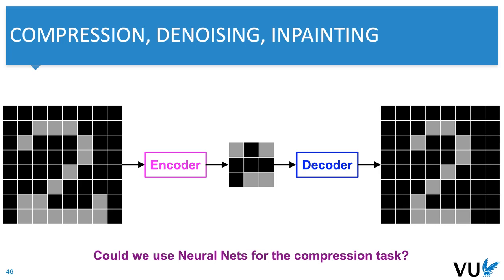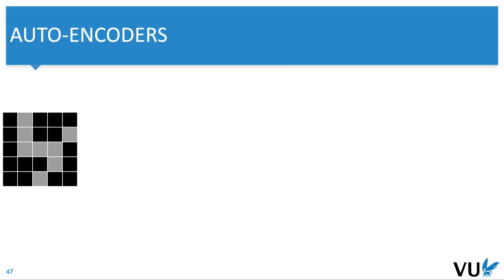But of course, a natural question is, could we simply replace encoders and decoders with specific neural networks to solve this task? For instance, the compression task, but also anything else in this scenario where we have an encoder and decoder. And the answer is, of course, yes. So let's say that we have an image, this is a 4.